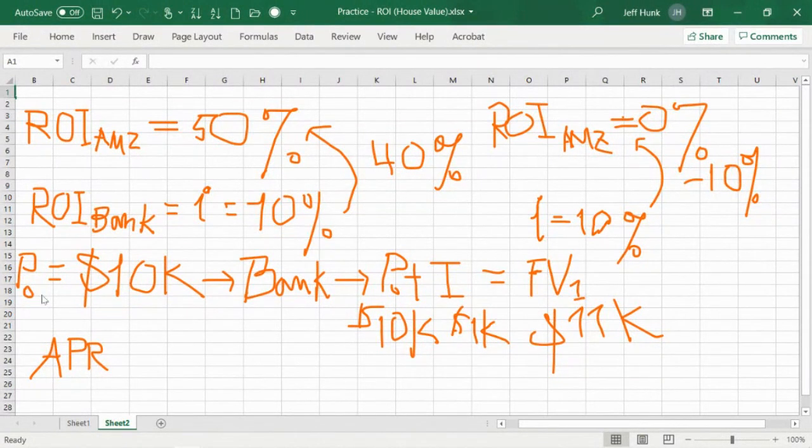Time zero is the initial time. So 1 year later, there will be $11,000. That's called FV1.